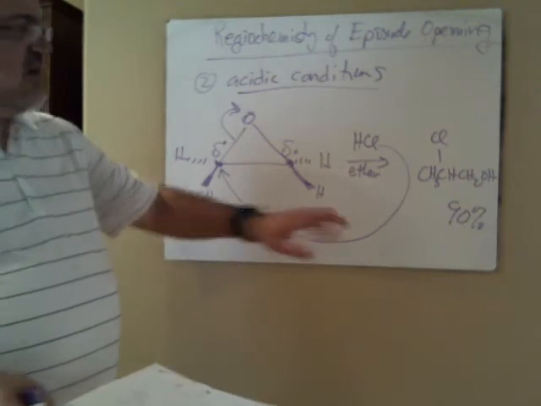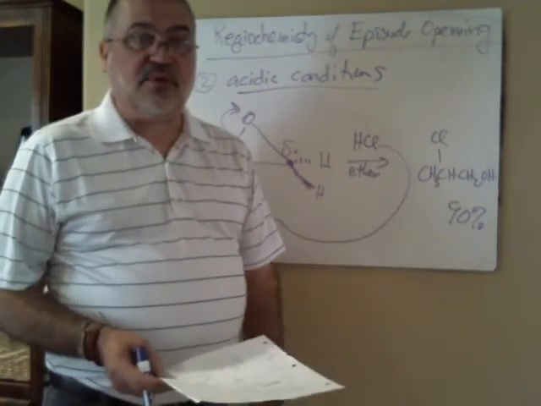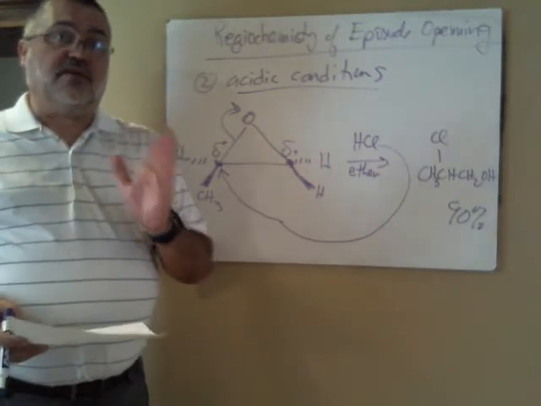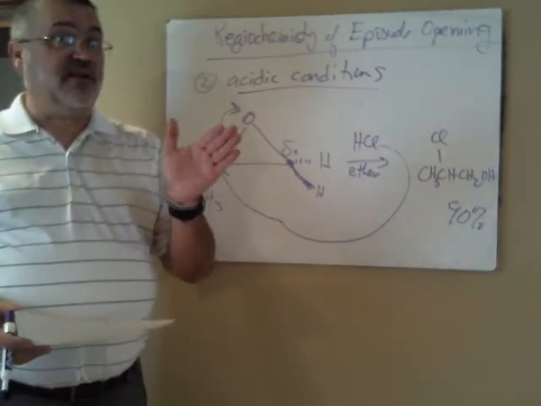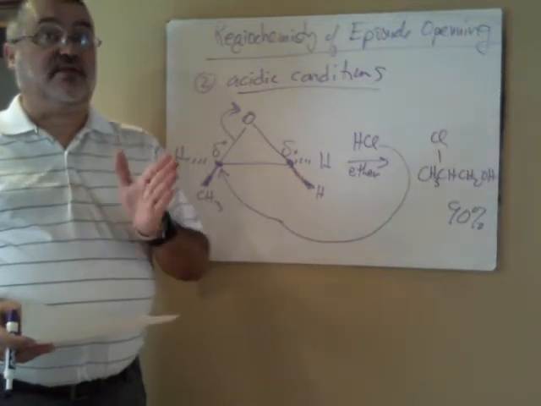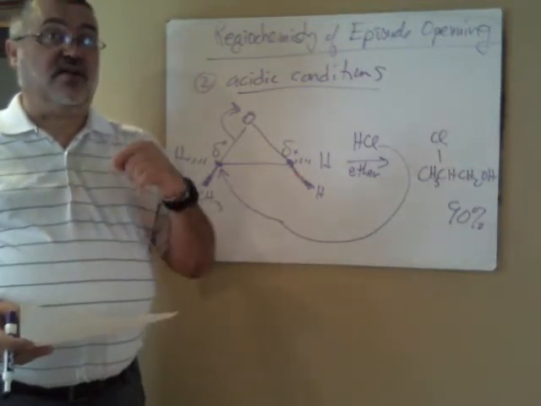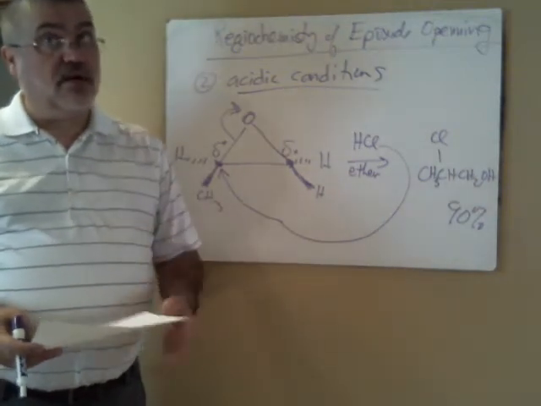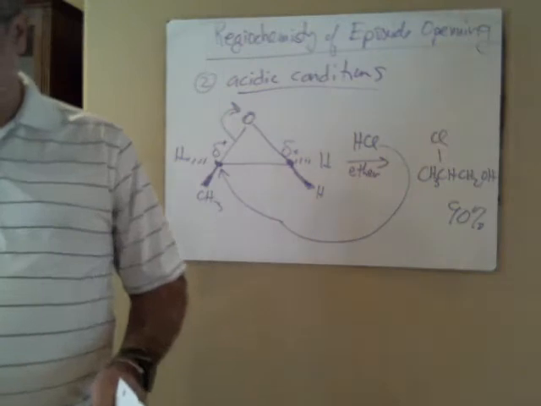So that means you really don't have to show the other possibility. Okay? And so when you're looking at these epoxide openings, basic conditions, totally SN2-like. Acidic conditions, it's SN2 in terms of stereochemistry, but it's SN1 in terms of regiochemistry, okay?